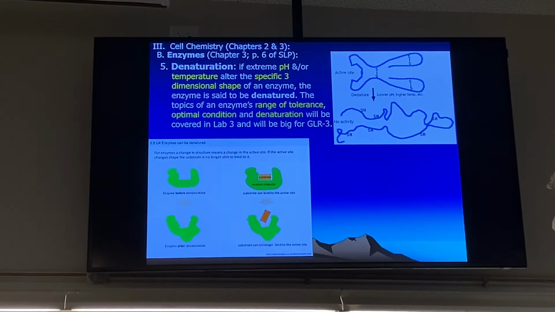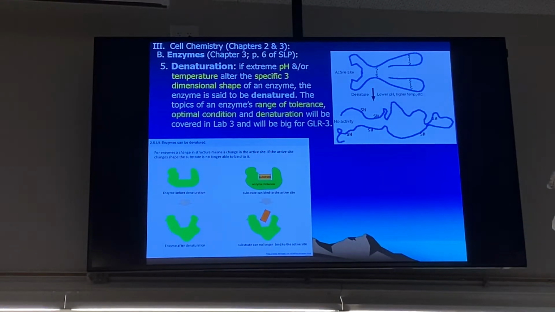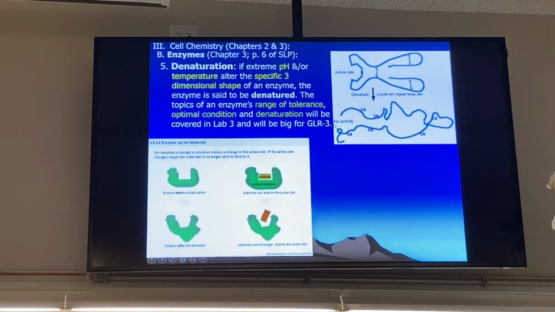That's denatured egg. You made it hot, it cooked it, now it's denatured. If you put it in the fridge, does it go back to the snot? No. It is permanently altered. Everybody, that's the best way to understand the permanence of denaturation. Again, this will be covered in lab 3. This is big for group lab report.